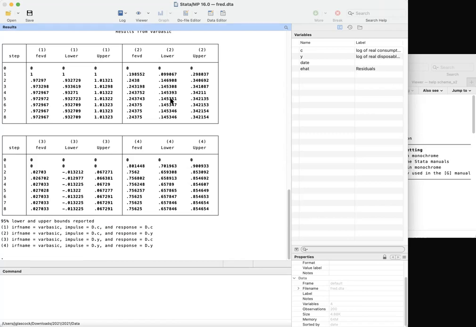Which means if there are changes in values of C, by one standard deviation, it will have a very large impact on the forecasting error of C itself, and a reasonably large, about 25%, contribution to the forecasting error of Y. And so C's forecasting accuracy is mostly determined by the shocks from itself within its own system. Y is kind of mixed.